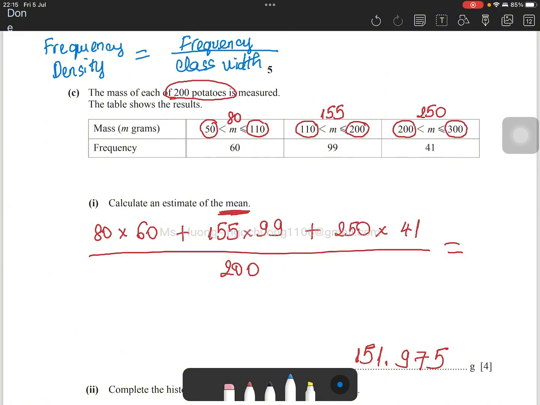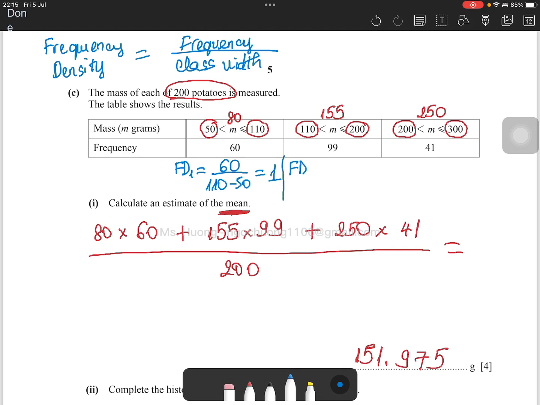So let's find the frequency density of the first one. The frequency is 60 divided by the class width, which is 110 minus 50. 60 over 60 is 1.